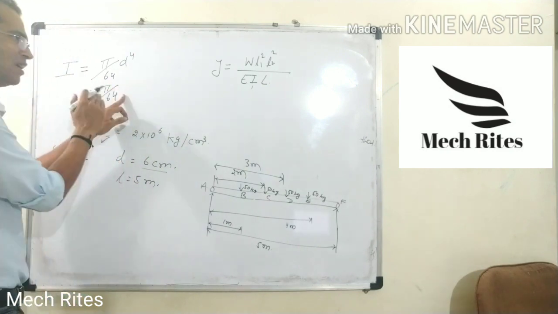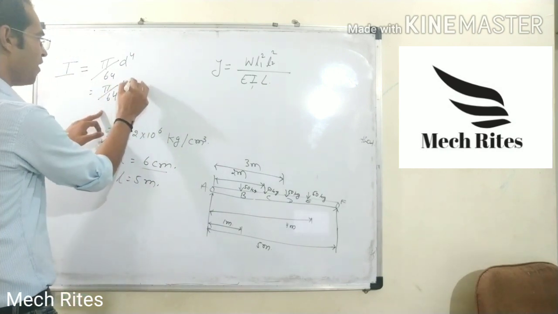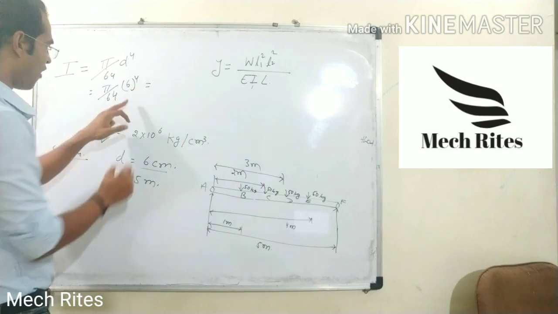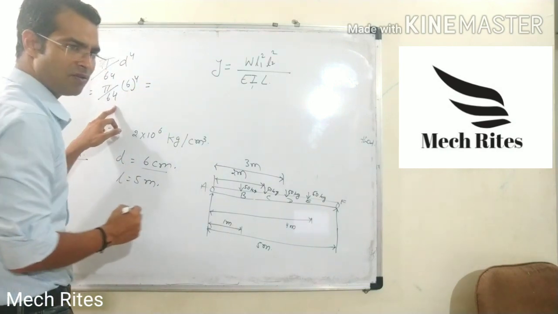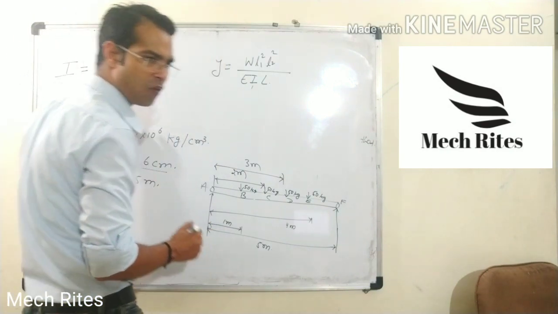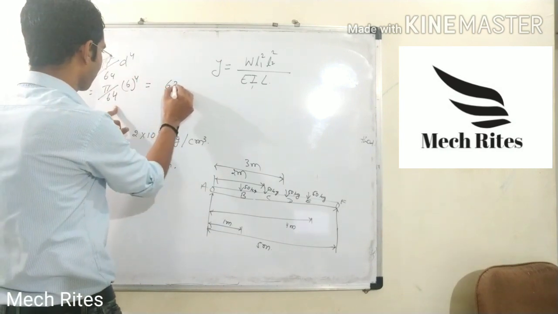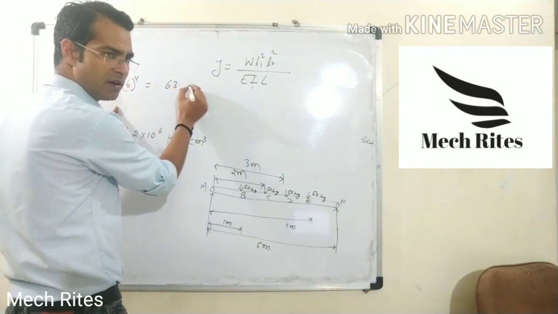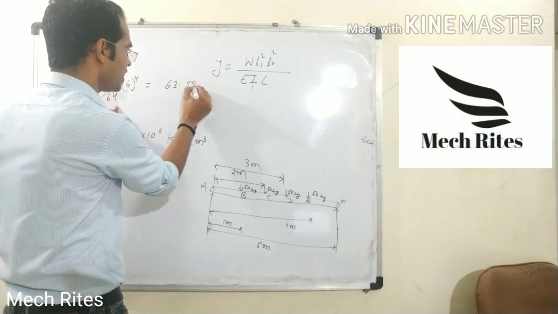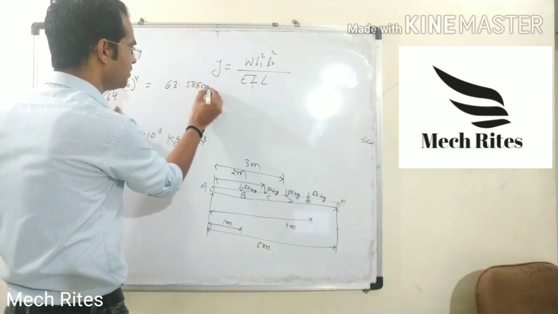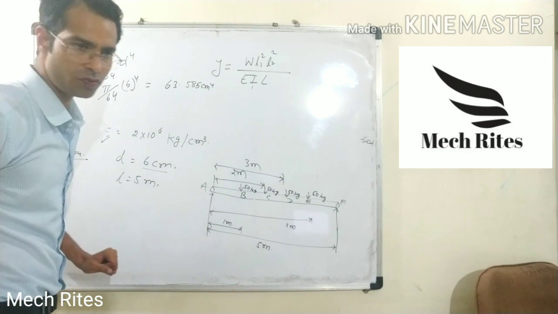Right now I am taking only centimeter. So 6 to the power 4, if I solve, its value will be 63.585 centimeter to the power 4.